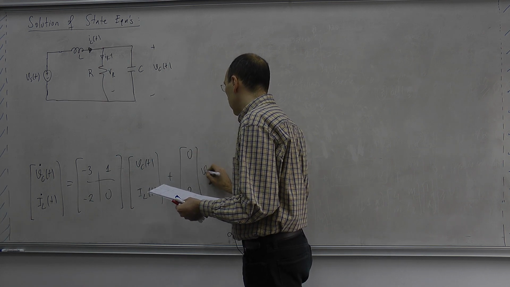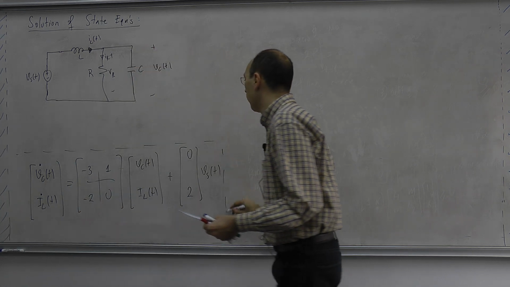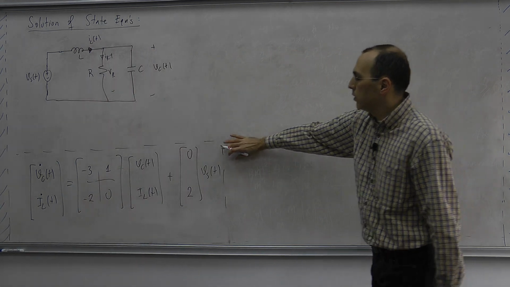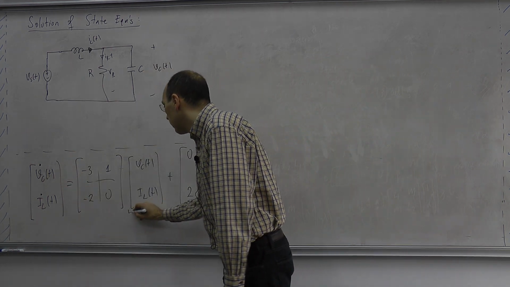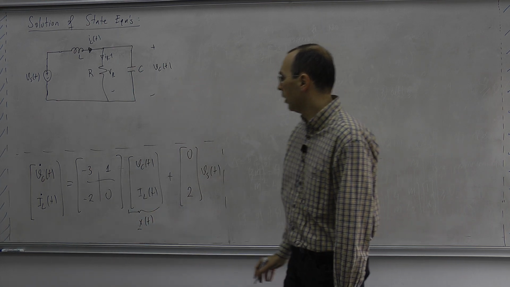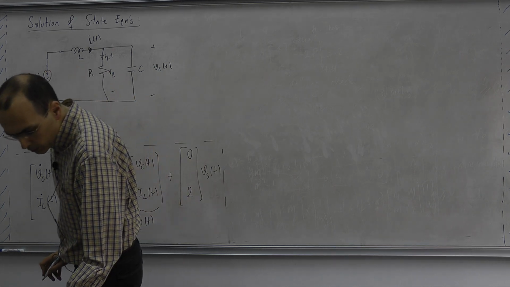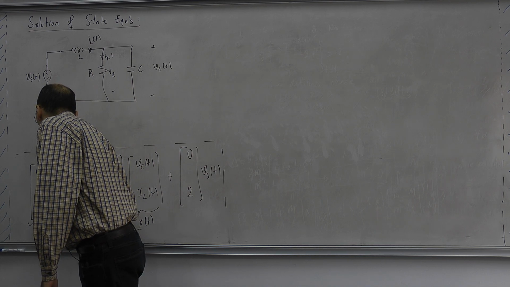It's much easier than our examples. Okay. So this is a representation of the circuit. Of course, this is a first order matrix differential equation. Unknown is a vector. So this is my state vector, one more time. And this is my A matrix. And this is my x dot.